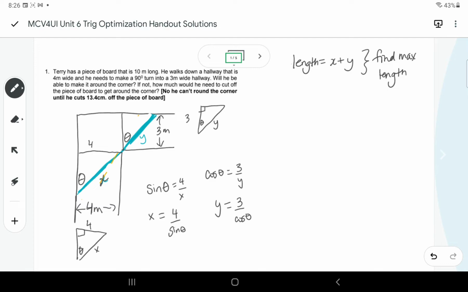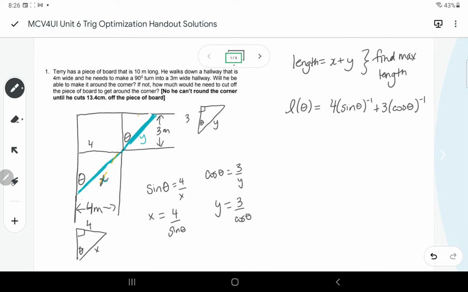So I'm going to have a length function in terms of theta. So maybe I'll say L of theta equals 4, and I'm going to write sine theta to the exponent -1 to make my derivatives easier, plus 3 cos theta to the -1.